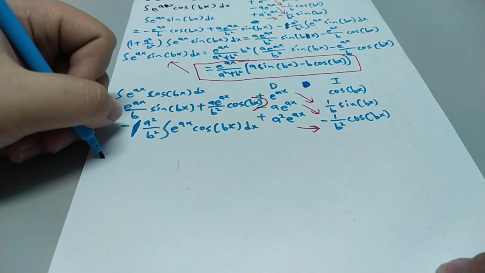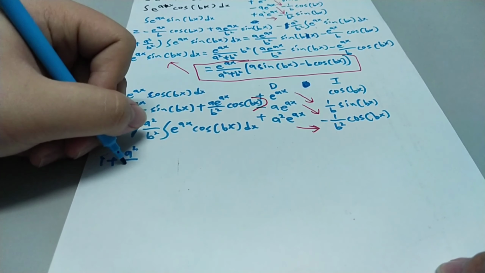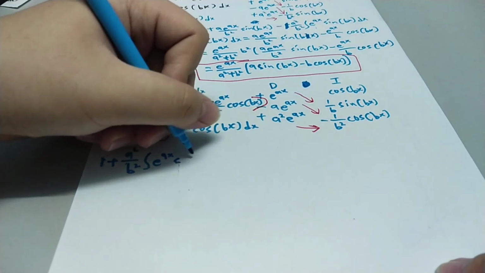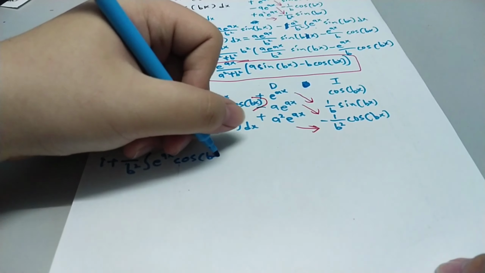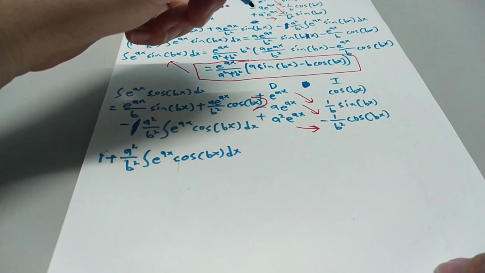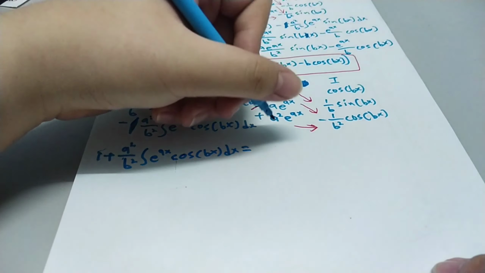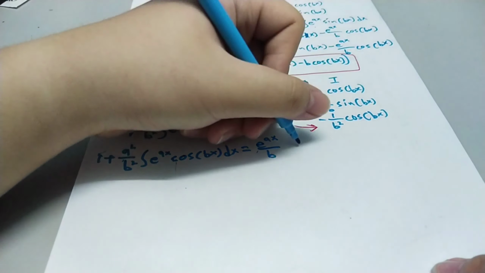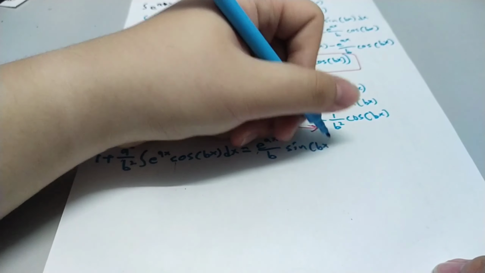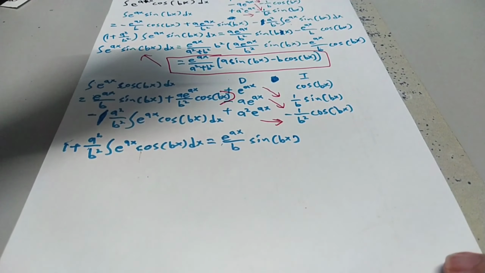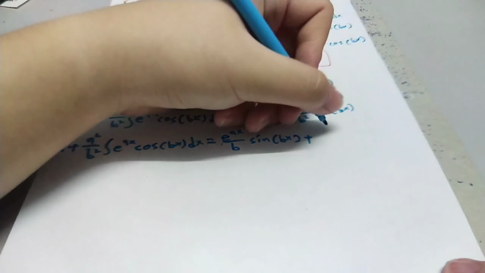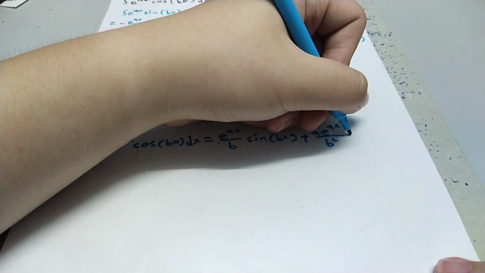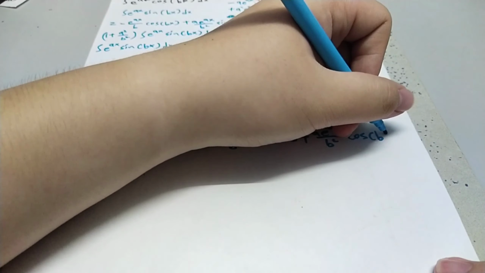So I will have 1 plus a squared over b squared times the integral of e power of ax times cosine of bx dx is equal to e to the ax over b times sine of bx plus a times e power of ax over b squared times cosine of bx.